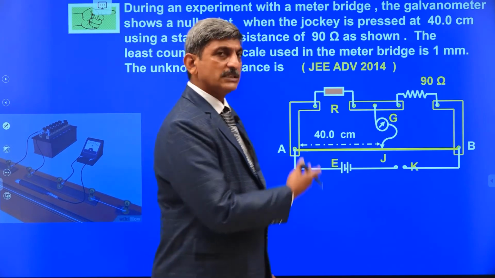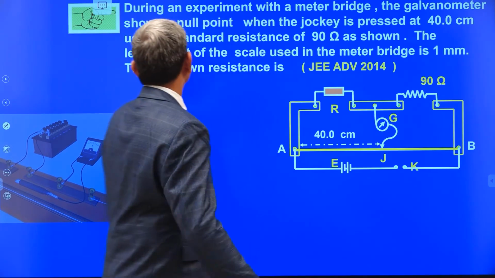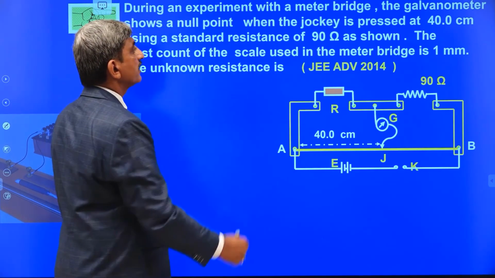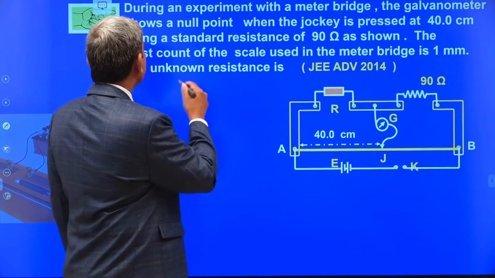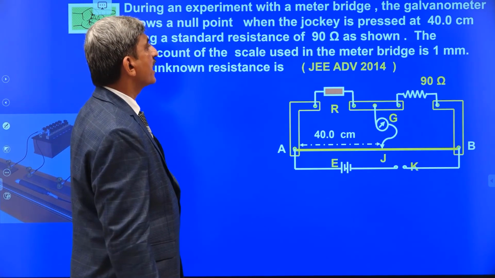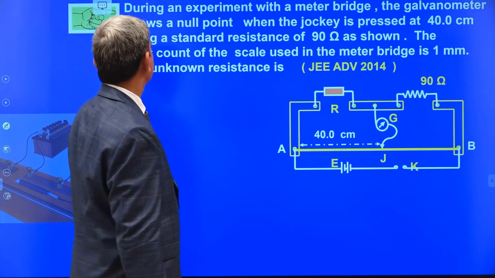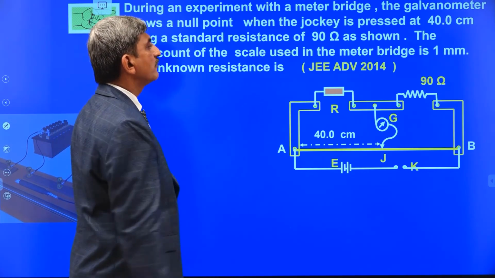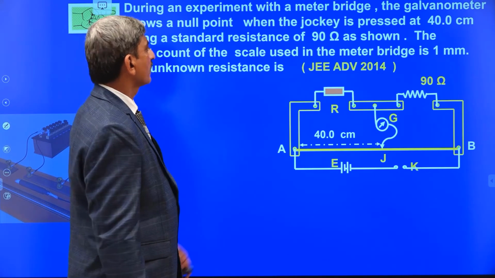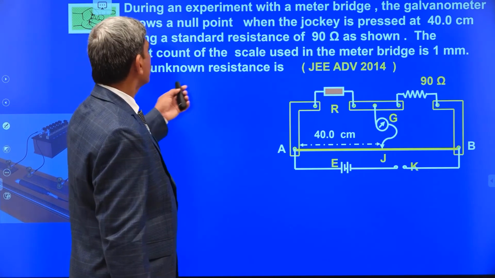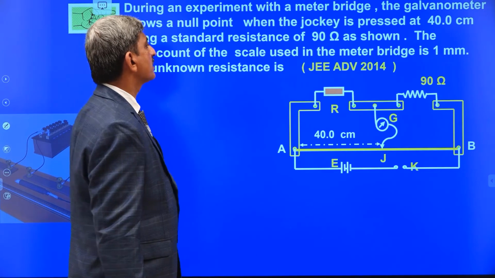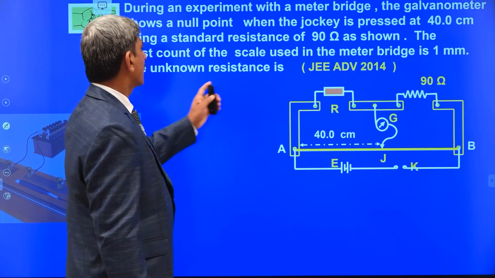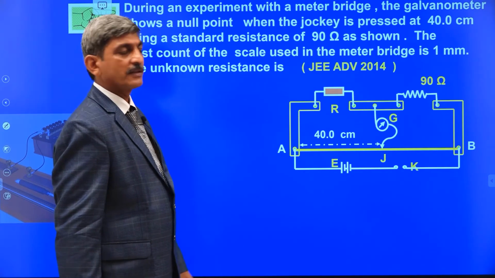Now come to the last one. During an experiment with a meter bridge, the galvanometer shows a null point when the jack is pressed at 40 centimeters, using a standard resistance of 90 ohms as shown in the figure. The least count of the scale used in the meter bridge is 1 millimeter. The unknown resistance is dash.